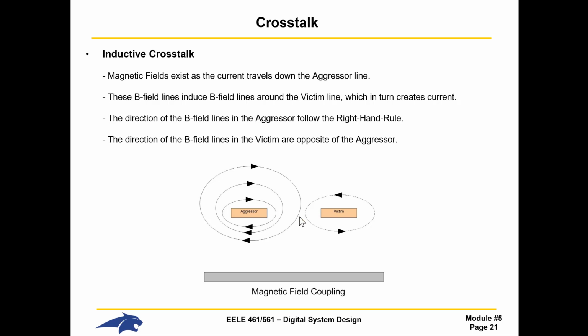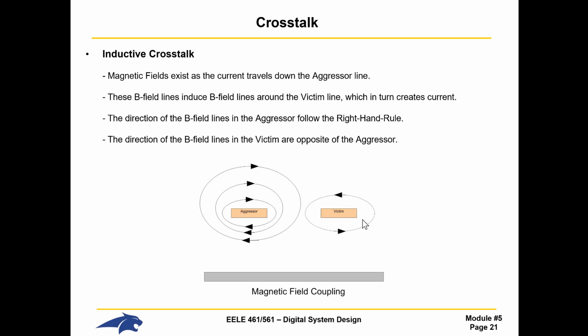And with the way that it couples onto a victim, you can almost think about it like it makes this flux over here that starts pushing magnetic field lines that go in the same direction. So as this line up here comes around and goes down, it starts pulling a magnetic field line in the same direction, and it starts to swirl over here on the victim.